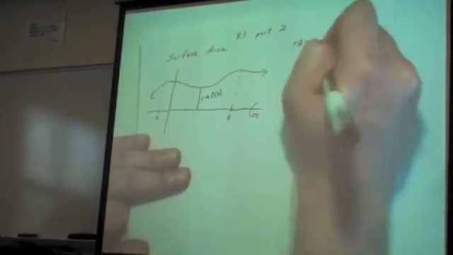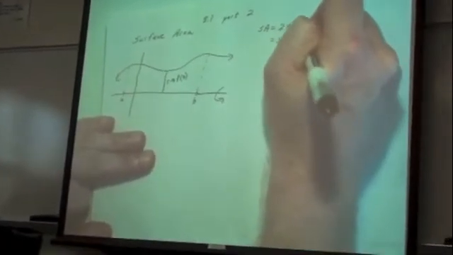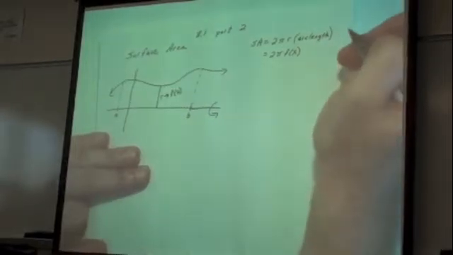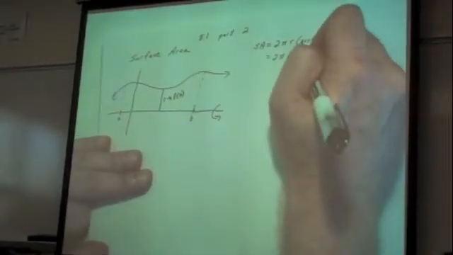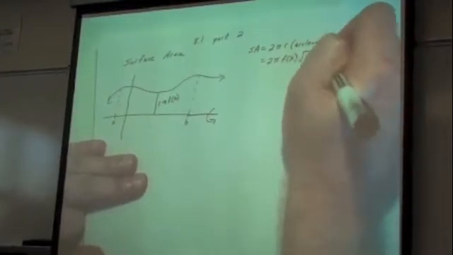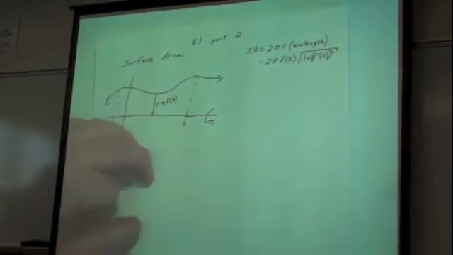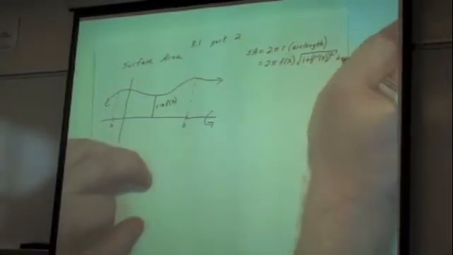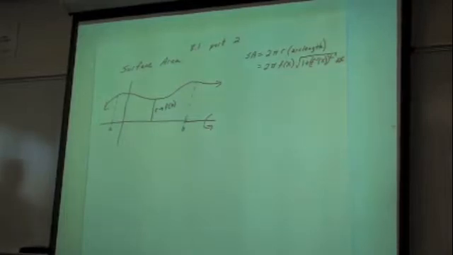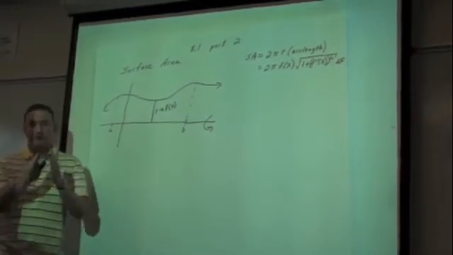So this is going to simplify to 2 pi times f of x. And then our arc length formula is that integral, which has the square root of 1 plus f prime of x, quantity squared, or dy dx squared. Now, that has to be times delta x. So I could say if that would be the surface area of one partition.